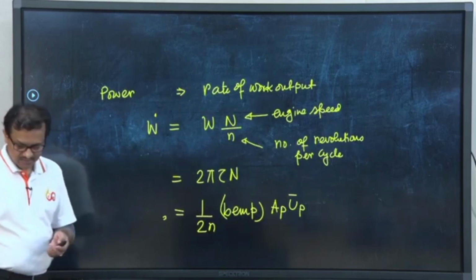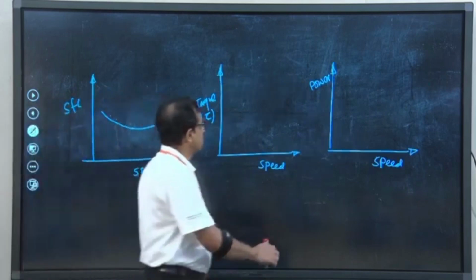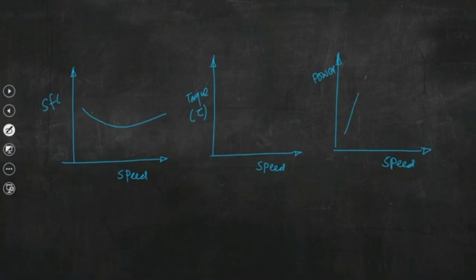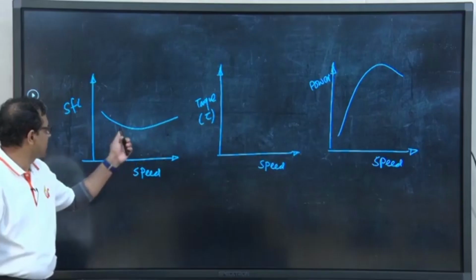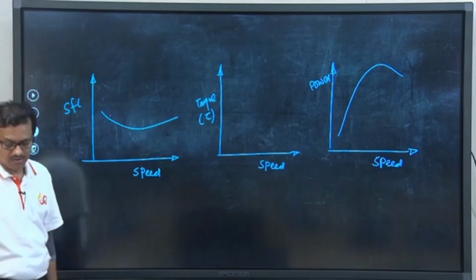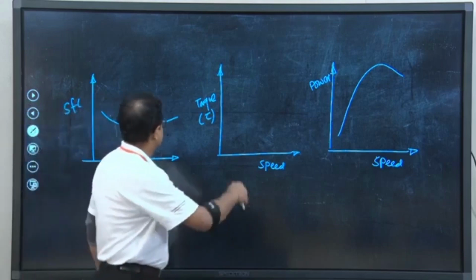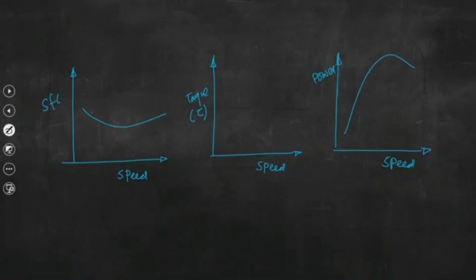So, this is the variation of power, this is the variation of specific fuel consumption, then what would be the variation of torque? Can you predict by knowing the specific fuel consumption and power? So, this would be just the reverse of the specific fuel consumption.